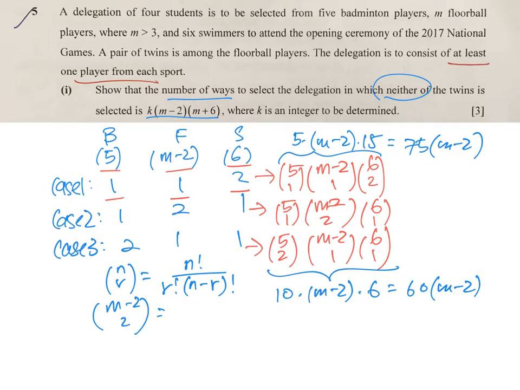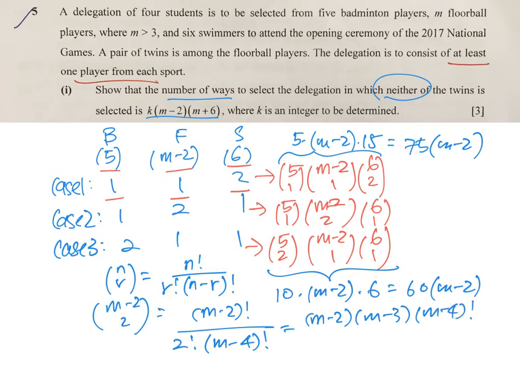So n minus 2 choose 2, we will have n minus 2 factorial over 2 factorial and n minus 2 minus 2, which is n minus 4 factorial. Which can be further simplified to n minus 2 times n minus 3 times n minus 4 factorial divided by 2 times n minus 4 factorial, and of course we can cancel the n minus 4 factorial, hence leaving us with half of n minus 2 n minus 3.